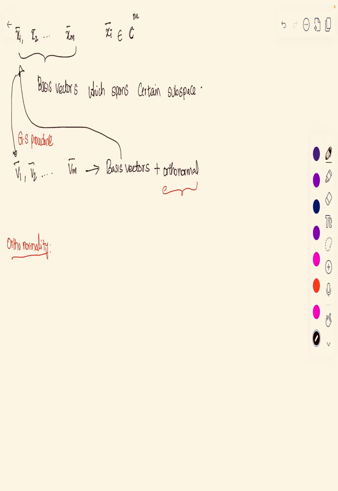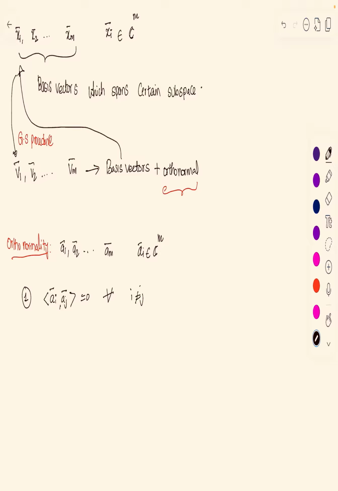Say I have vectors a1 bar, a2 bar, and so on, am bar. I have a set of vectors, and every ai is complex domain m-dimensional, and these are purely arbitrary numbers. Then the first condition is that the dot product of ai bar with aj bar will be equal to 0 for all i not equal to j.